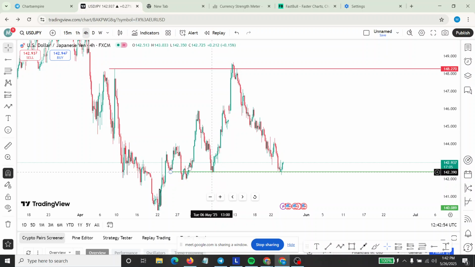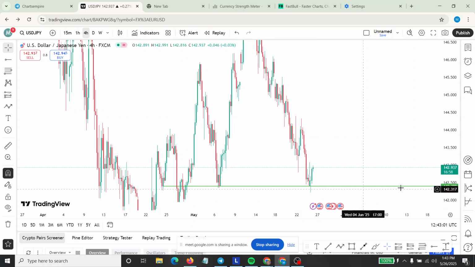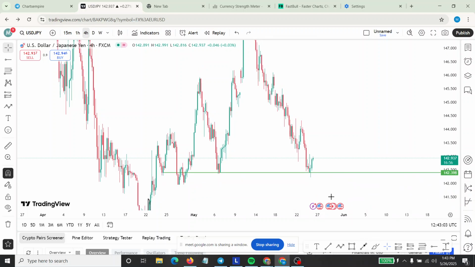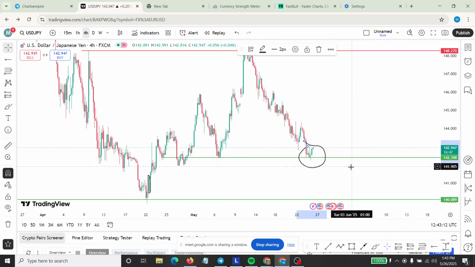Now with this being our minor zone, we've seen a first touch, second touch, and you could see this current touch is what? This current touch is what? This is the third touch on this minor support zone, right?